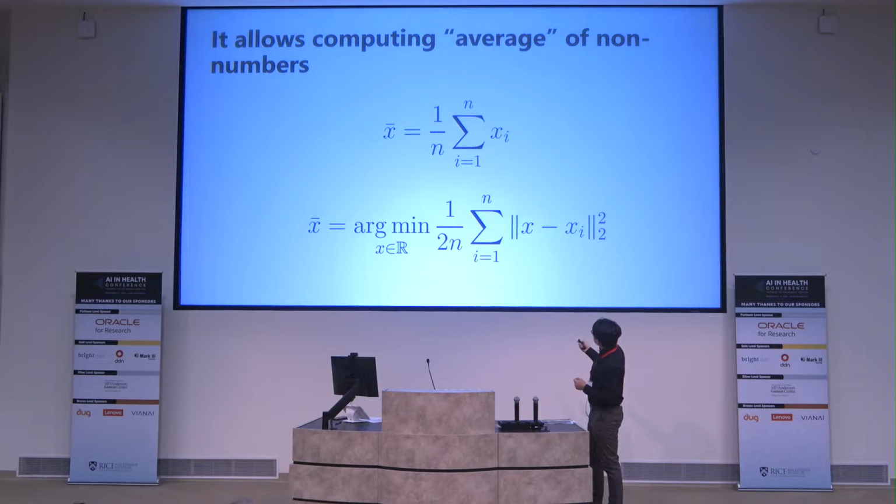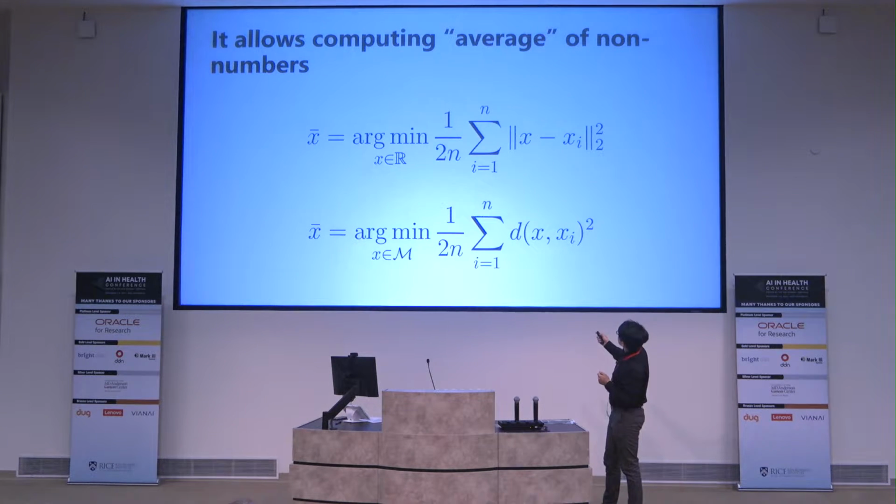Well, this optimization problem makes sense because you have these two bars here, which mean distance, so Euclidean distance. But if your data points are not numbers, you cannot use Euclidean distances between them. So what's the obvious thing? Well, if our data is not numbers, let's use optimal transport distances, right?